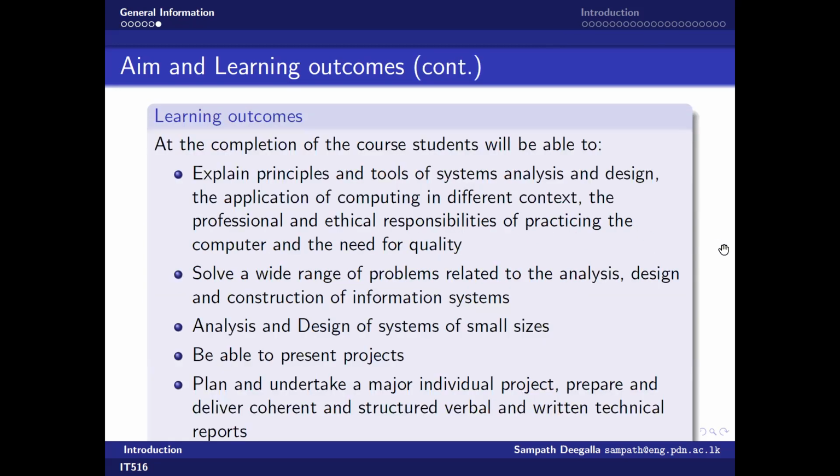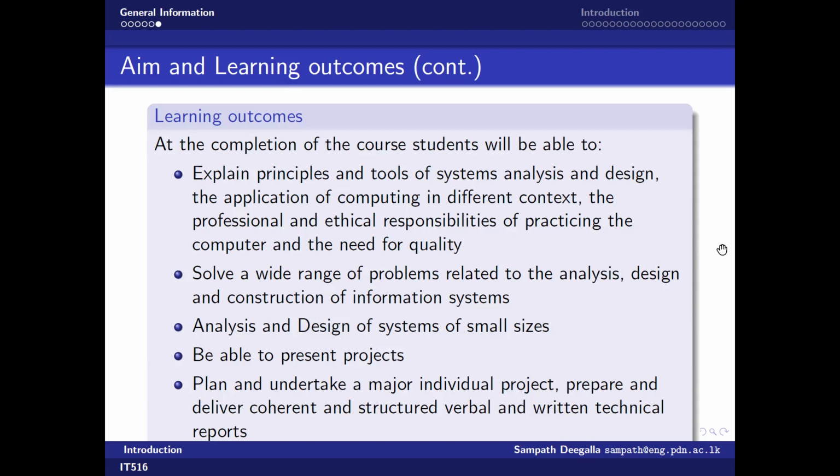Right. Once you complete this module, you should be able to explain all these different principles and tools which we use for system analysis and design, and also the application of computing in different contexts.